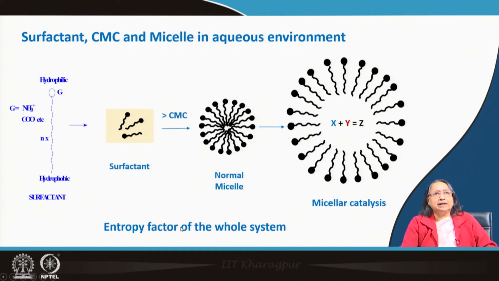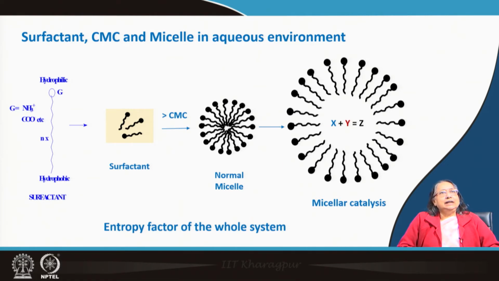Now, the entropy factor. You may say that this is a little bit away from catalysis, but you may ask why the micelles are formed, because in natural processes entropy always increases, but when the micelle is formed, entropy should decrease, which is opposite to our concept. How to explain this?